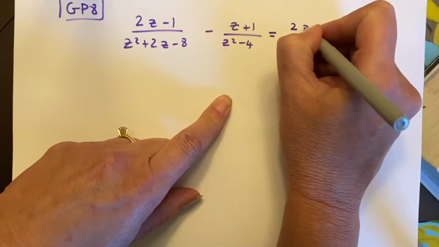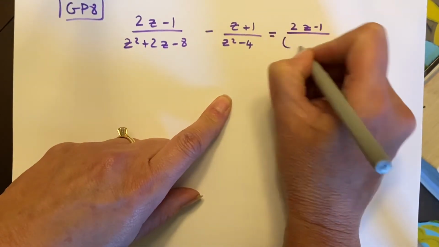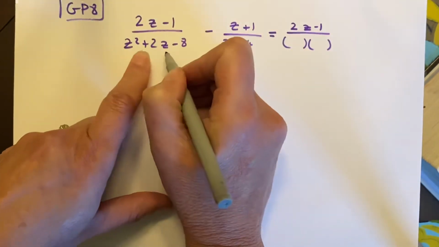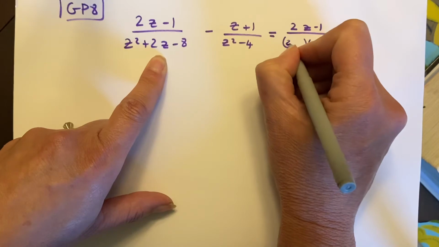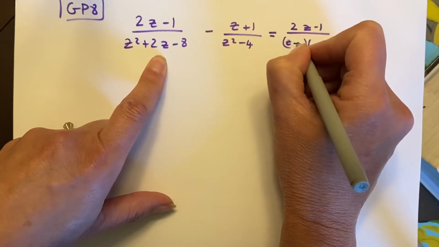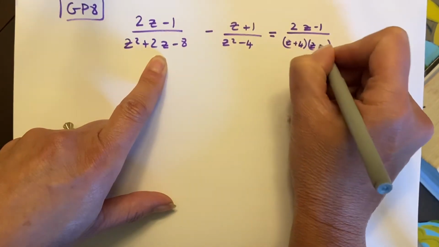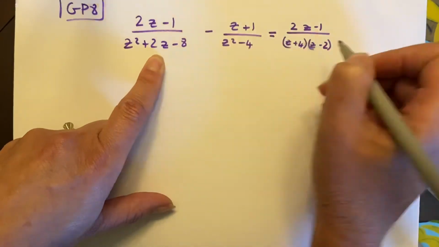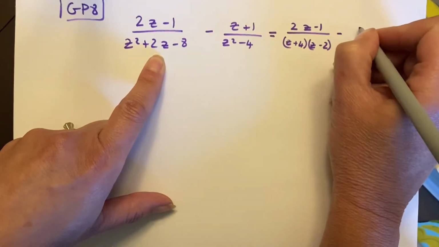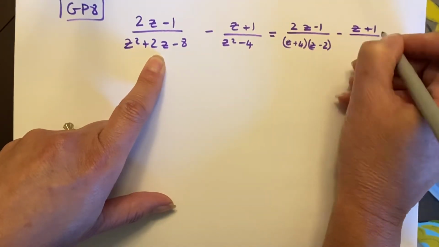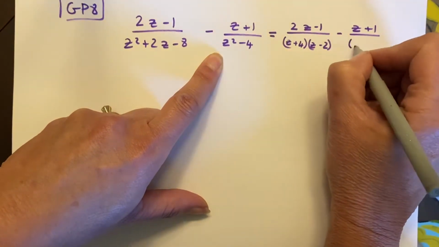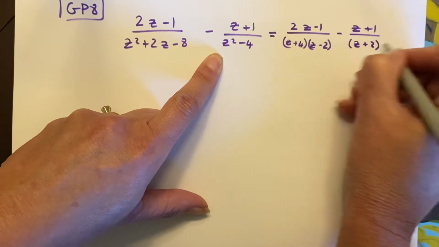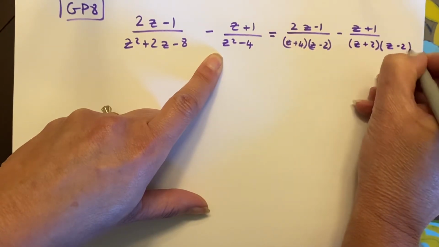So 2z minus 1 over, when I factor z squared plus 2z minus 8, I can see that z plus 4 and z minus 2 will give me this answer. And on this end, z plus 1, this is a difference of 2 squares, z squared minus 4, so I have z plus 2, z minus 2.